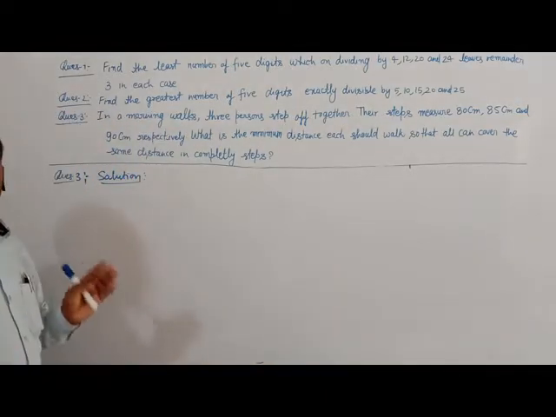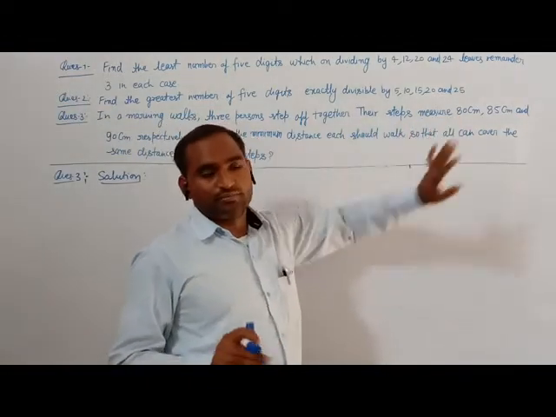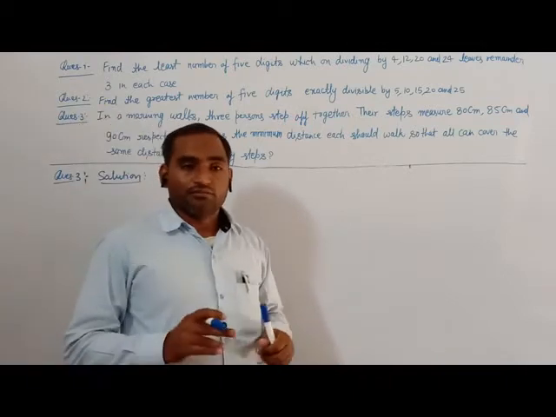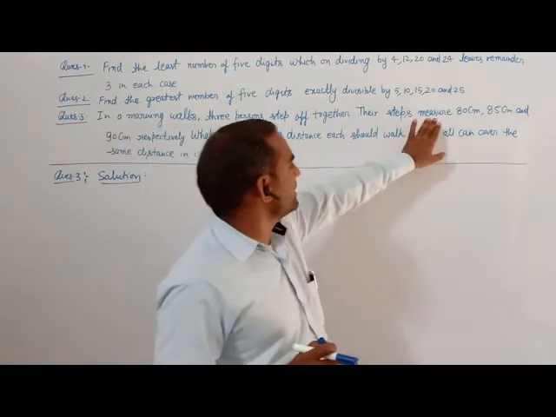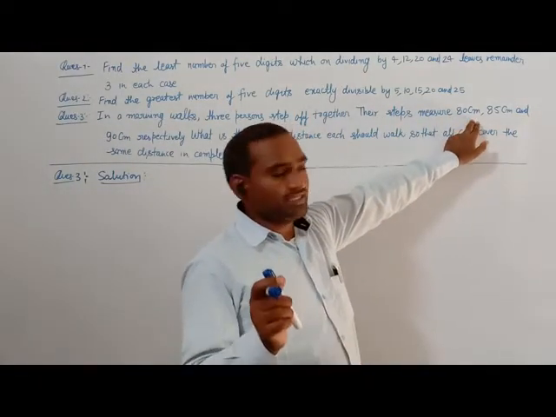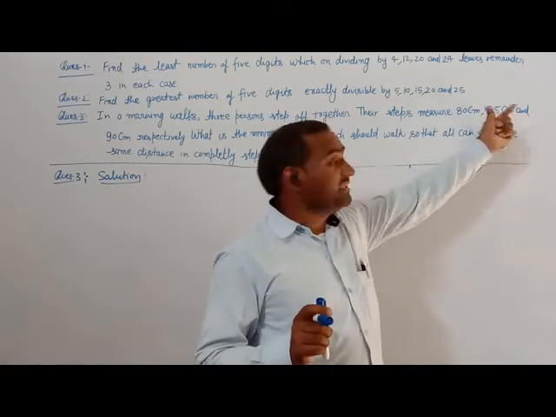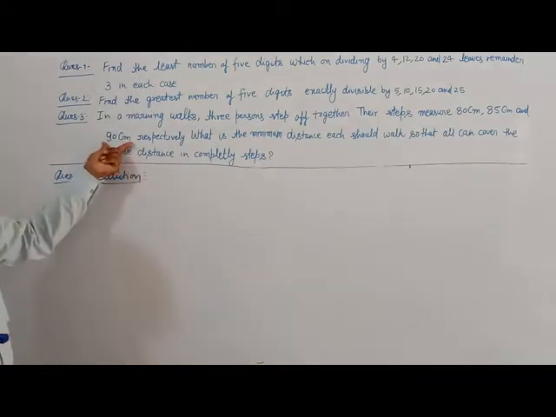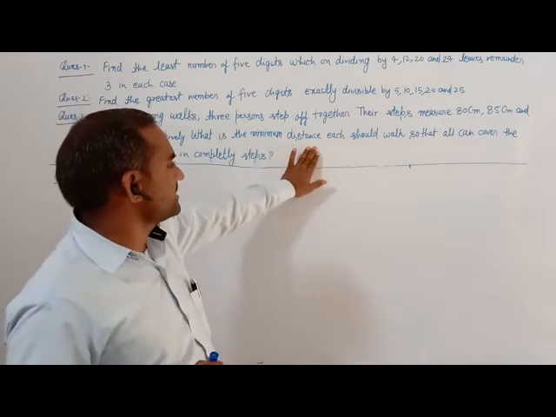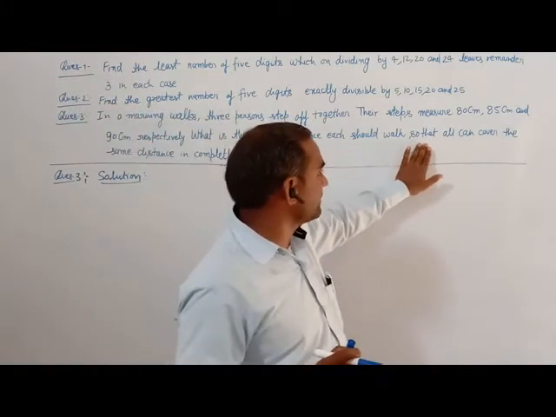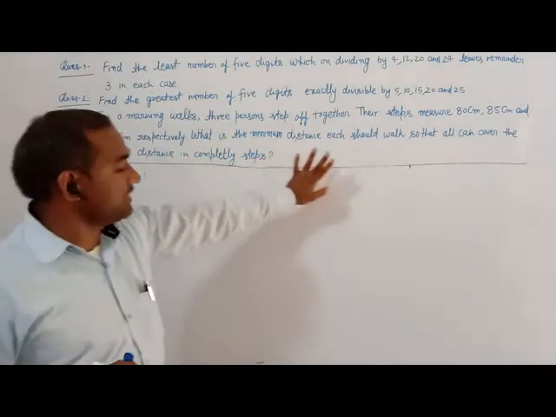The measure of one step: the first person takes a step of 80 cm, the second person takes a step of 85 cm, and the third person takes a step of 90 cm. What is the minimum distance each should walk so that all can cover the same distance in complete steps?